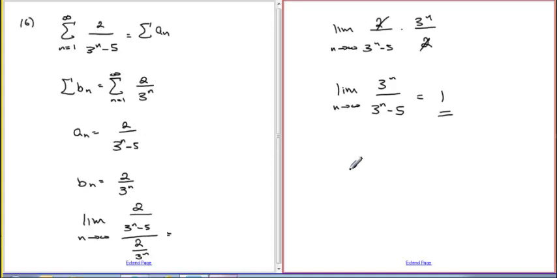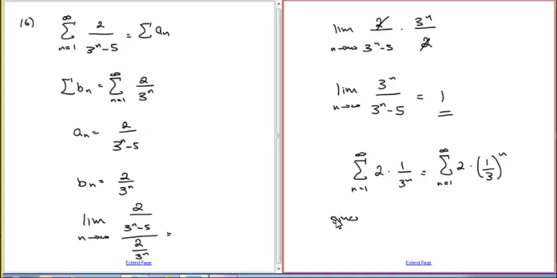So what we would do is look at this function, and we could use the geometric series test. So let's take that and put it in a form where we can apply whether it works or not. So we would take 2 times 1 over 3 to the n, which is the same as 2 times 1/3 to the n.